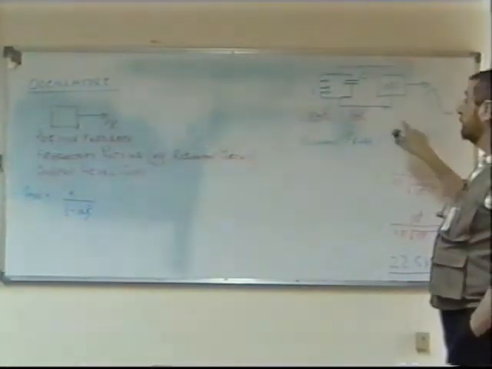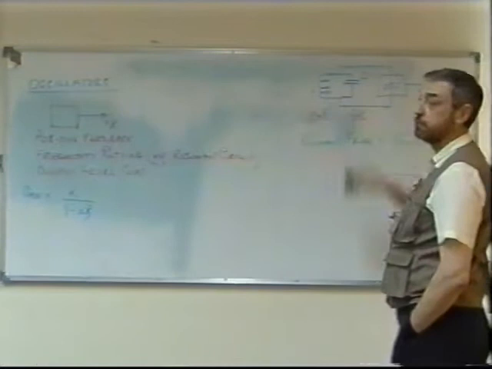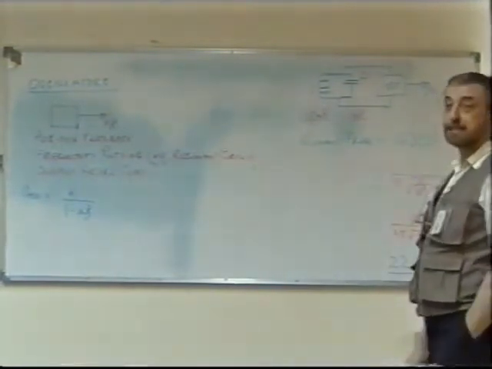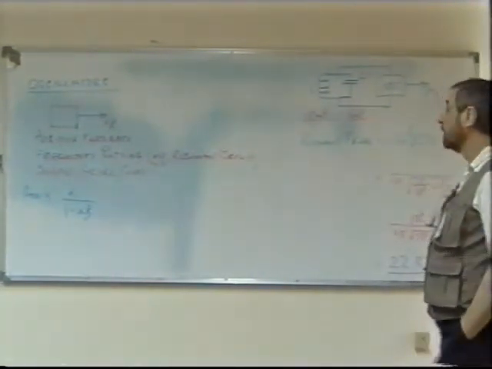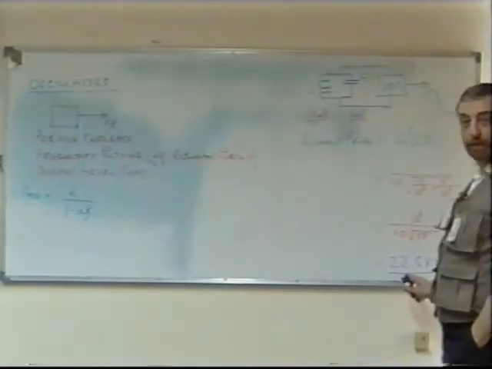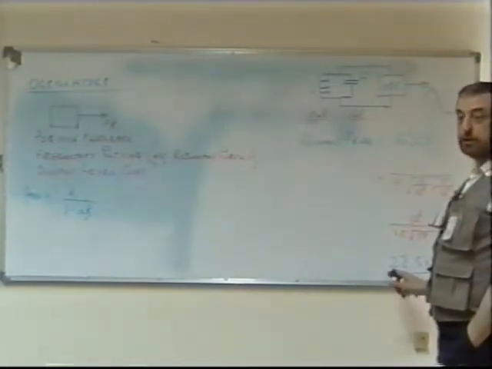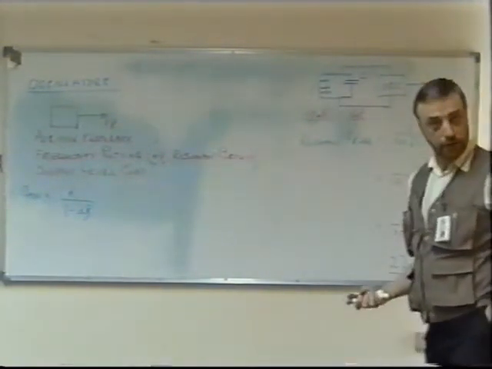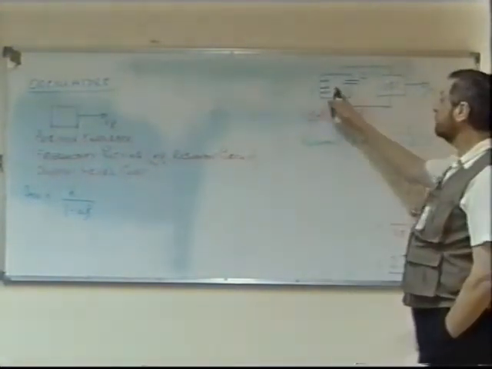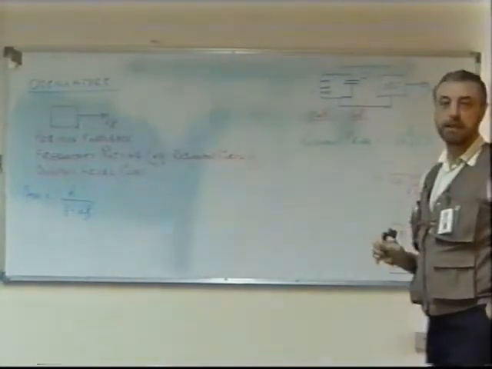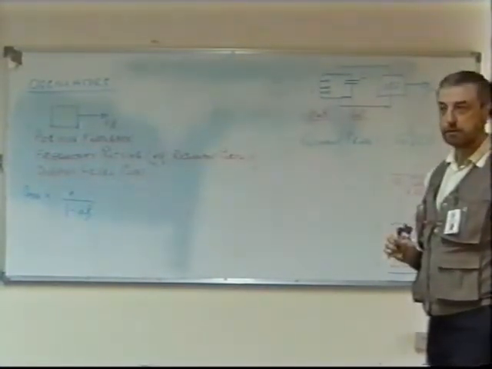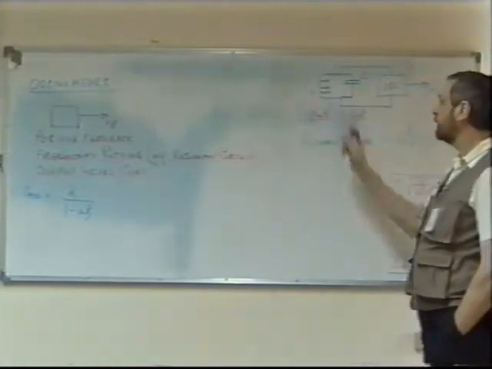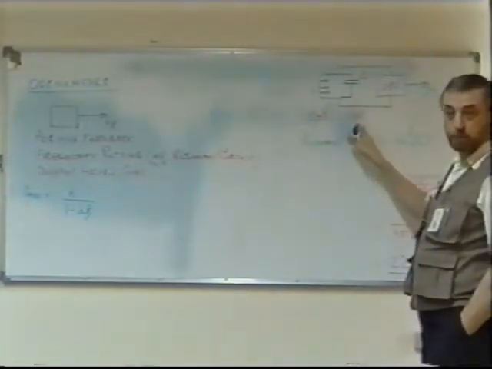So by making either or both of these components smaller in value, then you will make this frequency bigger. So you can understand that if we're talking about VHF or UHF frequencies, the values of L and C become exceptionally small, don't they? Very small indeed. You're talking about perhaps picofarads?